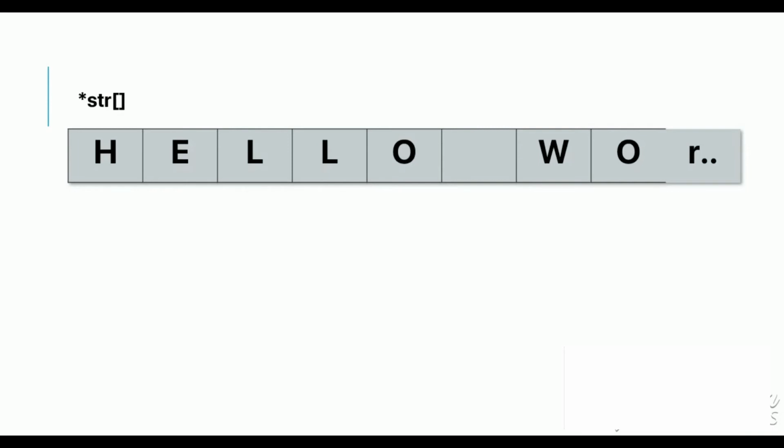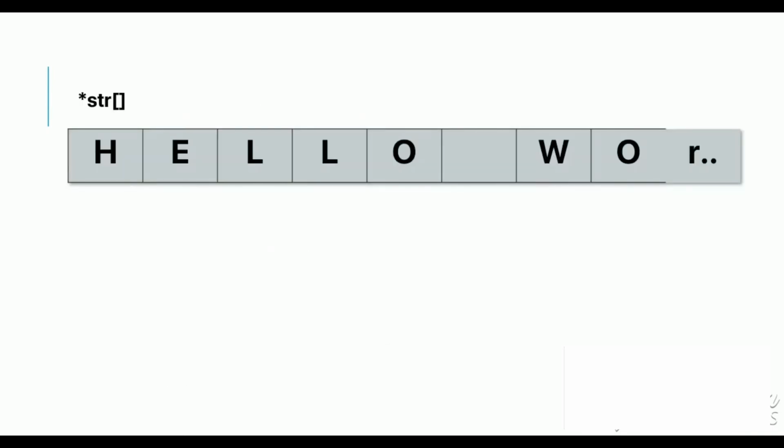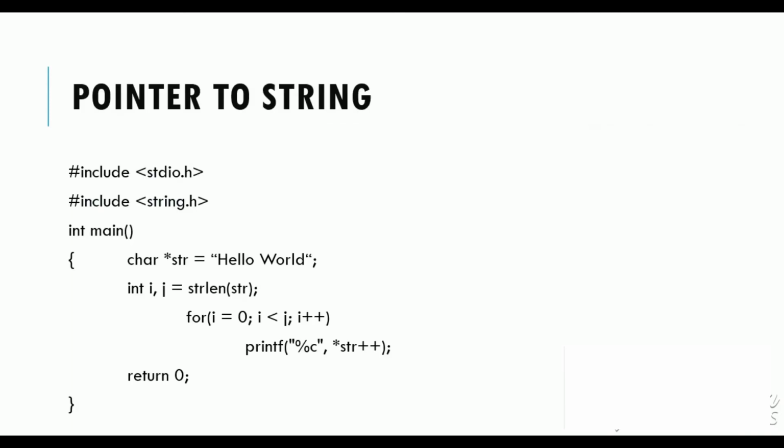Here str stores this whole array, and when str is incremented with str plus plus, h is printed with the next i value, then e is printed, l is printed, and this goes on till the last character of the whole string. So the code prints the string str, that is hello world, as output.